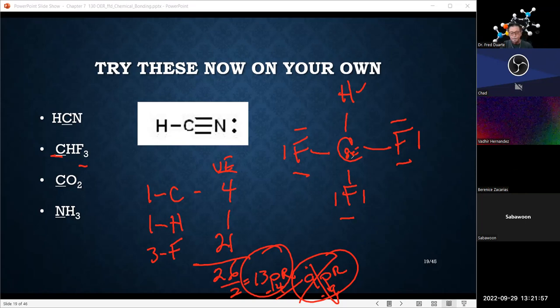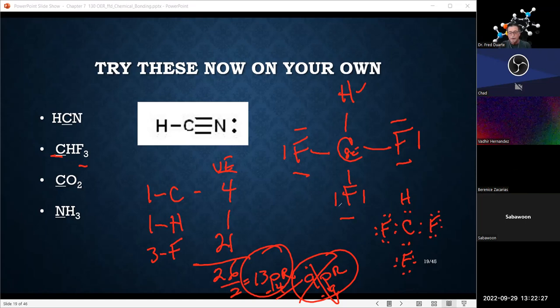Now you might say, well, how come you used a double line? Well, this is why. If I use the double dots, that's going to be a lot of double dots. I've got double dots around the fluorides, and you can easily end up losing some dots if you're not careful.